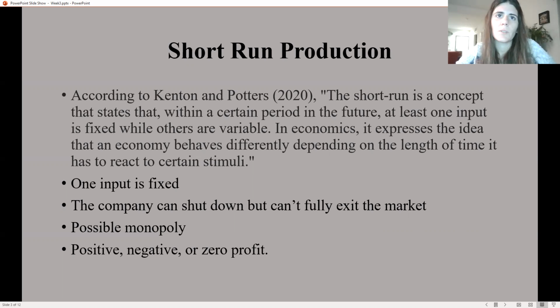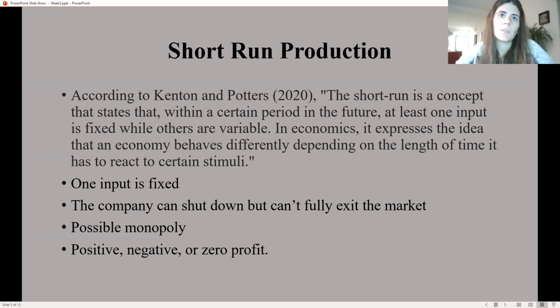In the short run, a company is also more likely to hold a monopoly than in the long run. For example, if a company launches a product that is revolutionary and nobody has anything similar, this company would be a monopoly for a period of time, and in the long run, it could have some competition.